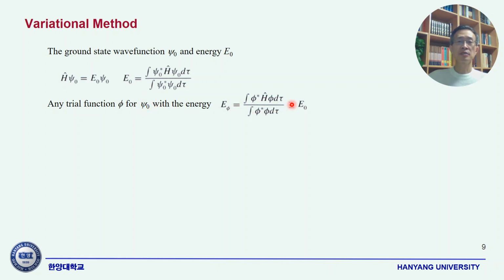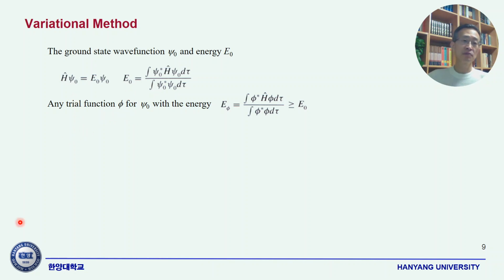Still, your energy is going to be greater than or equal to E naught. So you vary this trial function to get the lowest possible energy, which is still greater than E naught, and you are safe. You try your best to get the lowest possible E phi by varying your trial function phi. That's why the name is variation.